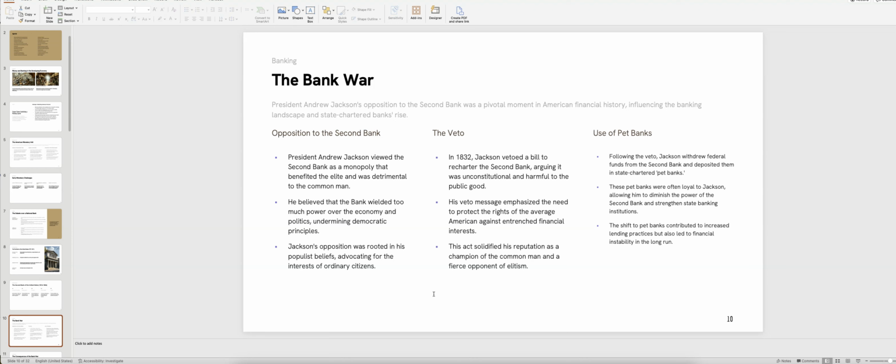It's really bad. And you see this with this bullet point here: after the Second Bank of the United States ends, we've got a lack of regulation, state chartered banks, and some of these banks are loyal to the president, not to their depositors or to any kind of sound accounting principles.